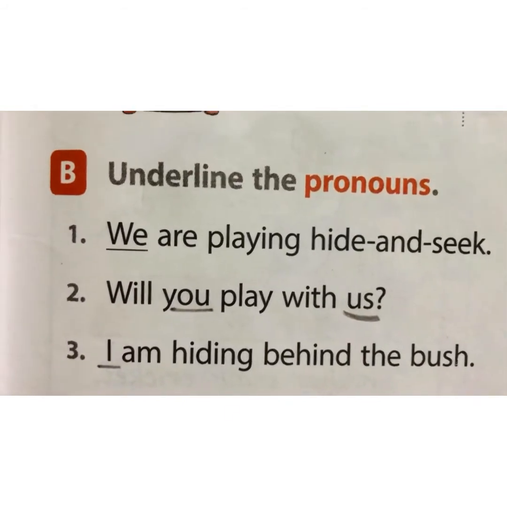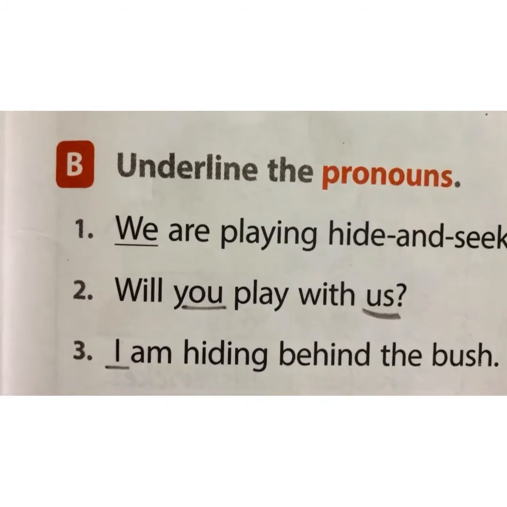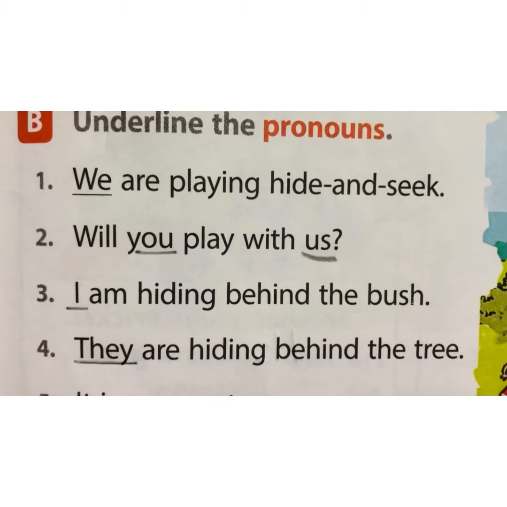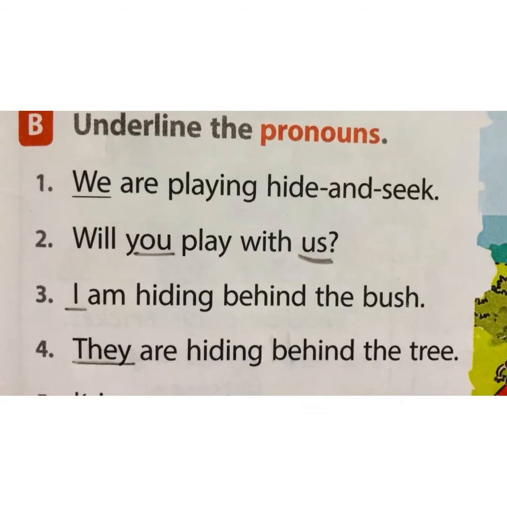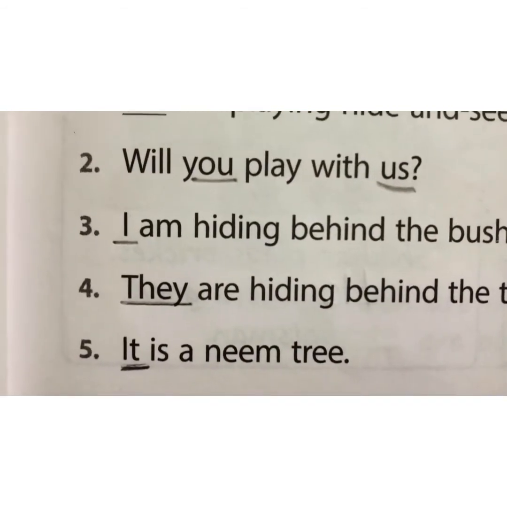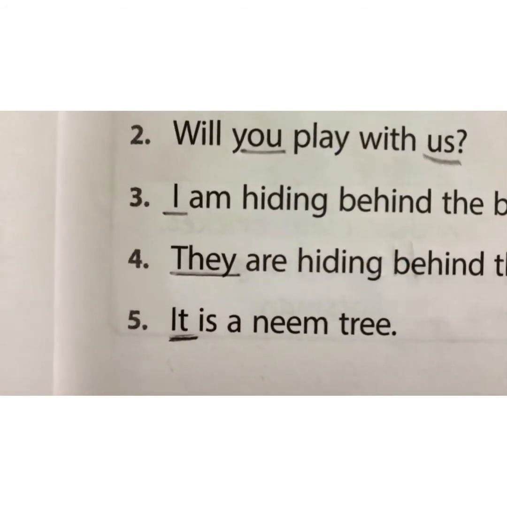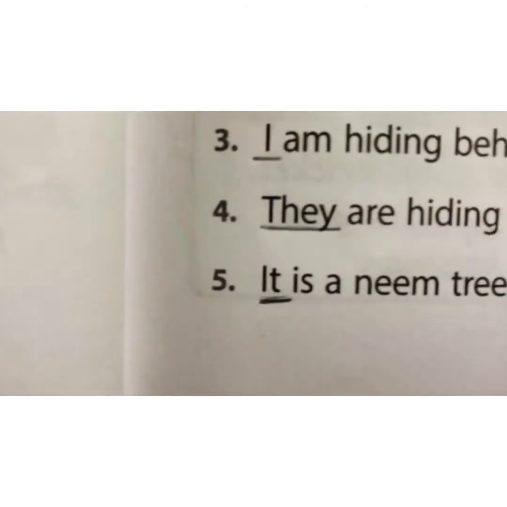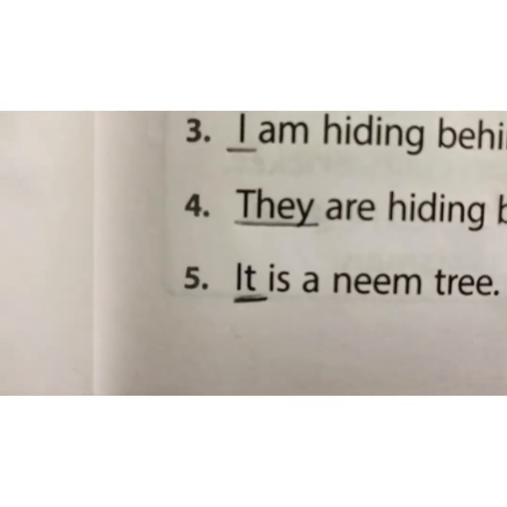So we will underline I. Fourth, they are hiding behind the tree. We will underline they. The fifth one is, it is a neem tree. It is a pronoun. So we will underline word it.